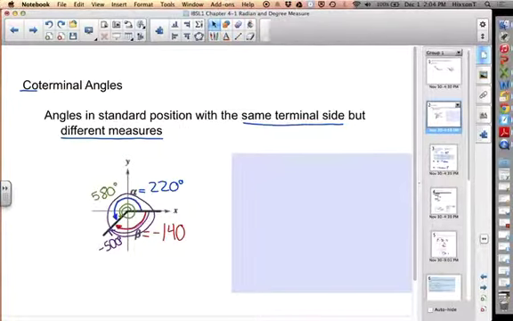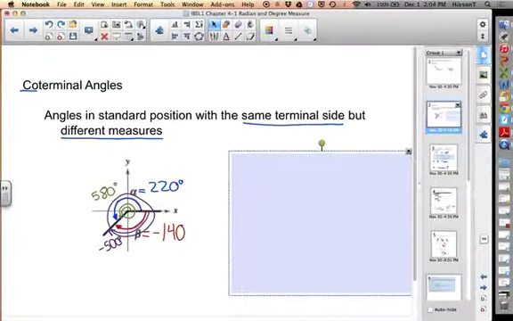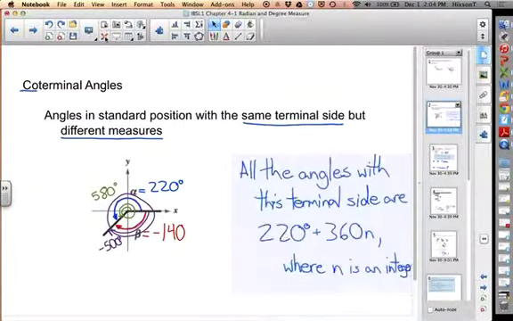Okay? Now, like I said, you can have an infinite number of these, and that's why you'll see these sometimes shown this way. You'll have that initial 220 degrees, and they'll write it as 220 plus 360n. And they'll just say n is some integer. Okay? If you think about it, n could be the number of extra laps around that you took.